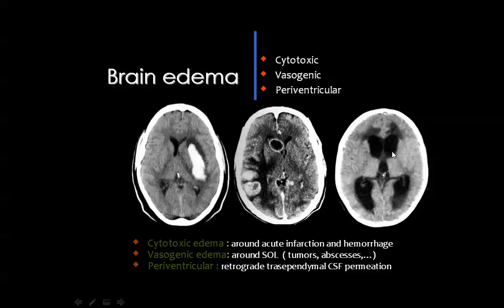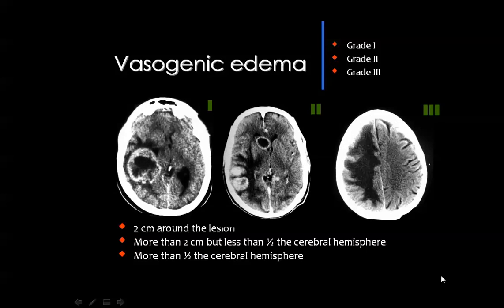The CSF will go back across the wall of the ventricle, what we call retrograde transependymal CSF permeation. This third type of edema, known as periventricular edema, is seen in cases of obstruction to the CSF flow with retrograde backflow of the CSF around the ventricles, producing these hypodensities.